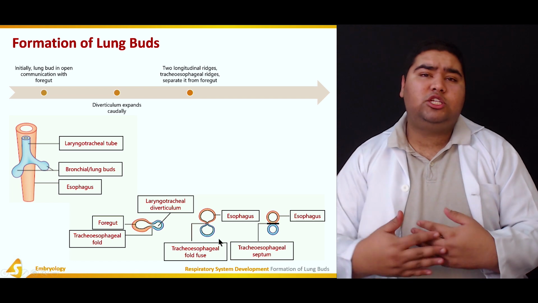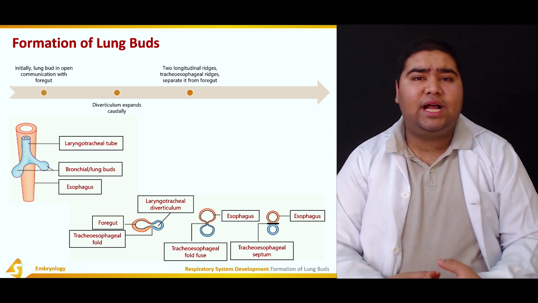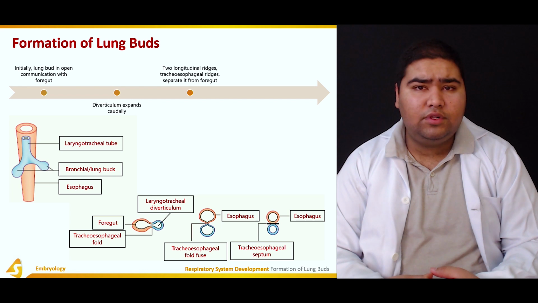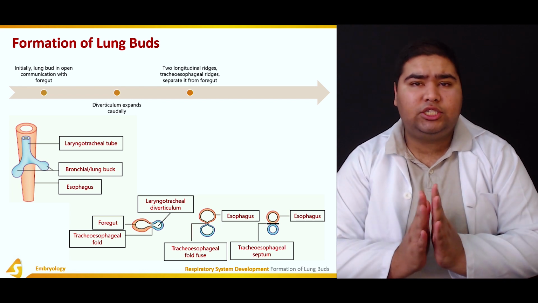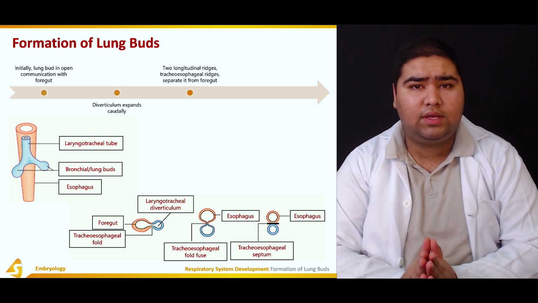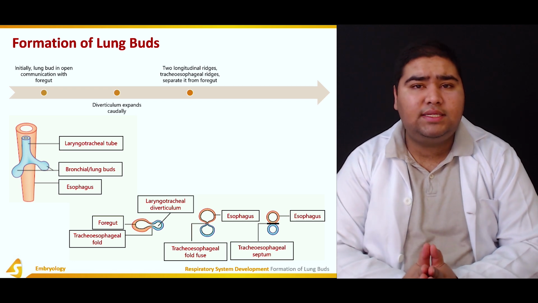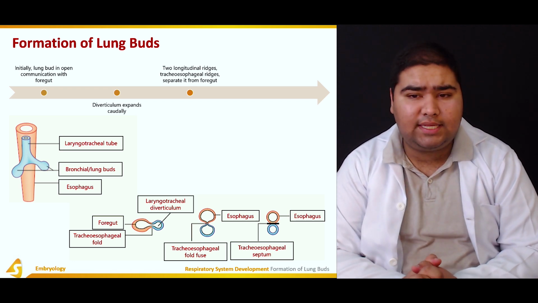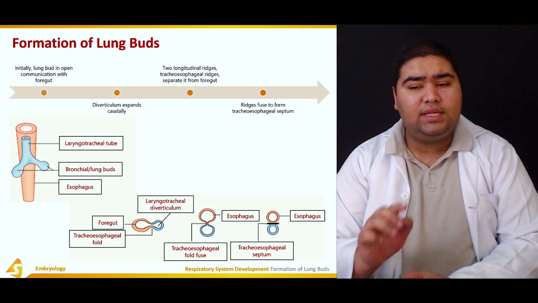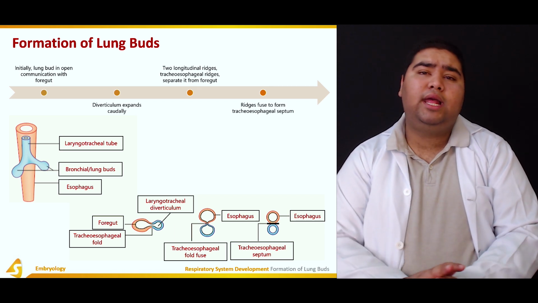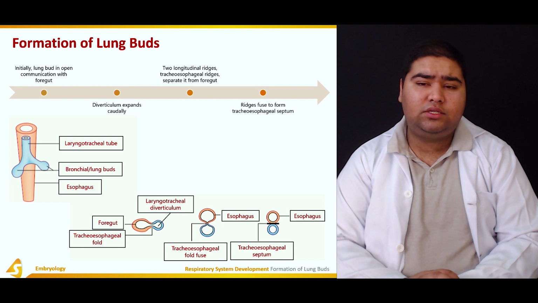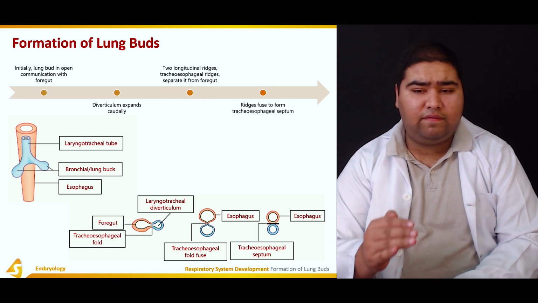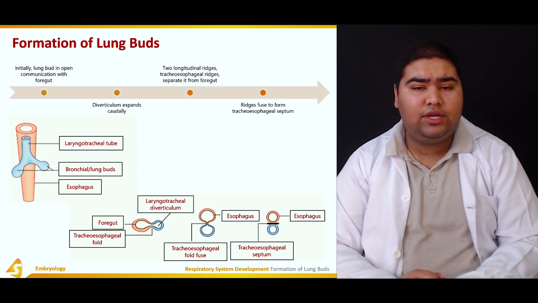These tracheoesophageal ridges or tracheoesophageal folds come into apposition with each other and they fuse together, the fusing of which results in the formation of the tracheal septum. So these ridges fuse with each other and they form the tracheal septum. This tracheal septum separates the esophagus as well as the trachea.